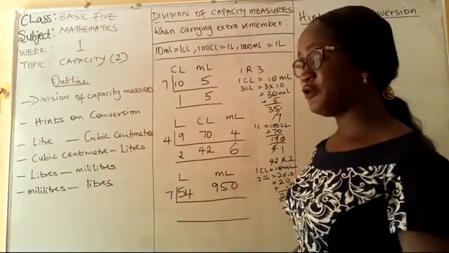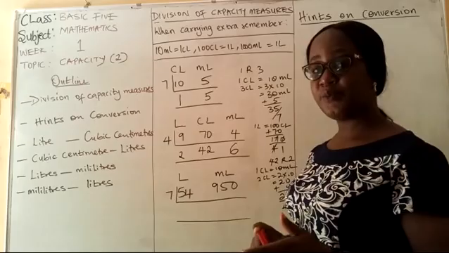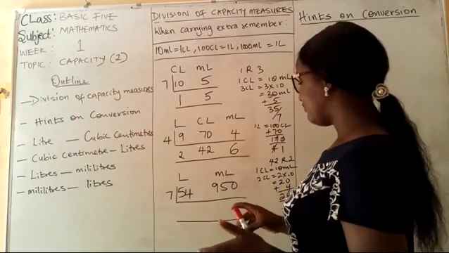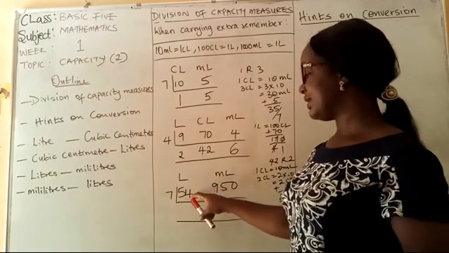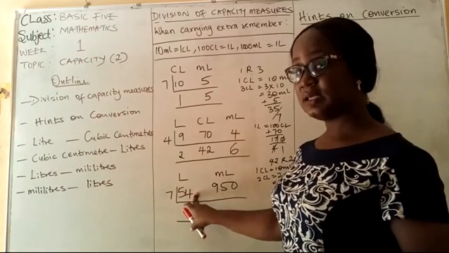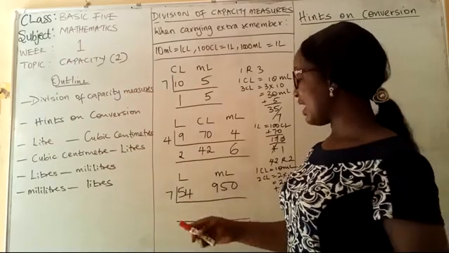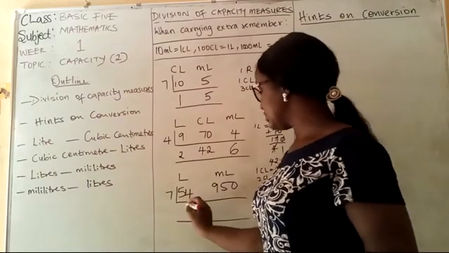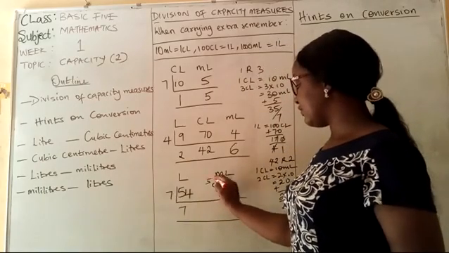Okay, so I know you can attempt this, but let's solve together. 7 into 54 will be giving you what? Do you know? Remember, we have 49 here, and 7 times 7 will be giving us 49, right? And 7 times 8 will be giving us 56, and it's not up to 56. So what we have here is 7 remainder what? 7 remainder 5. Now we are taking 5 over, right?